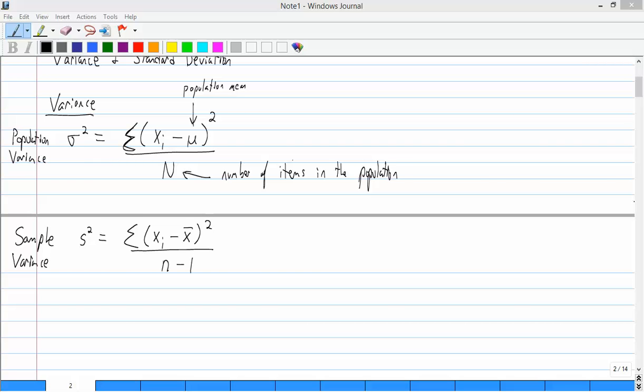Alright, so what we're actually doing is we first have to figure out a mean. Then we're going to take each data item and calculate a deviation. This right here, this is a deviation. This is the data item, the x sub i.